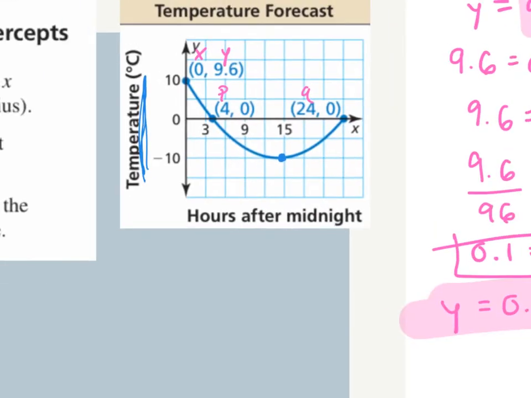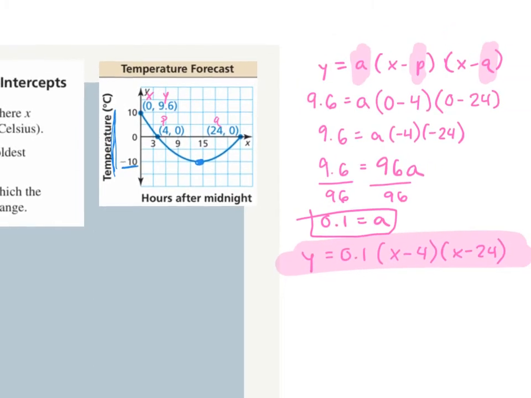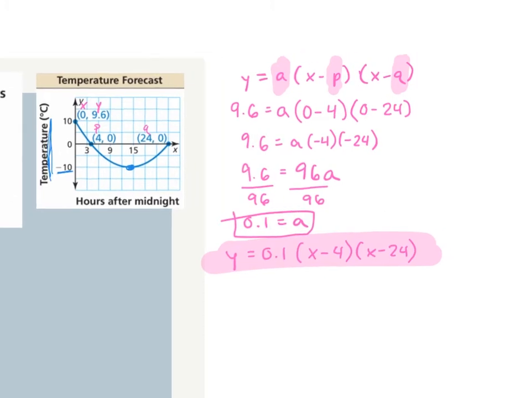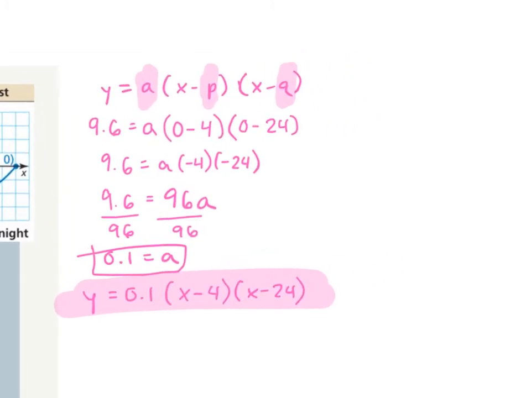This is our minimum on our graph. If we weren't able to see that this is negative 10, we could always find the minimum by finding our vertex. So how do we find our vertex when we have our equation in intercept form?